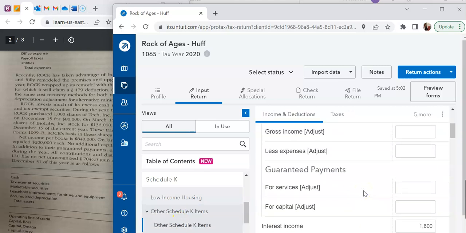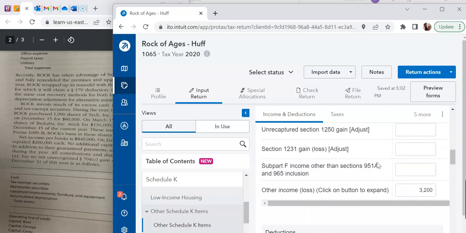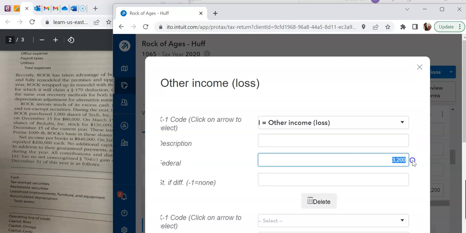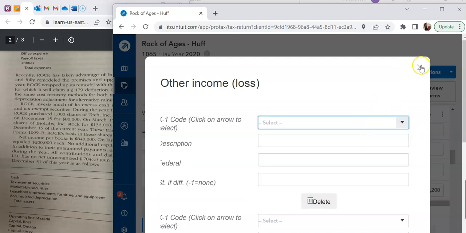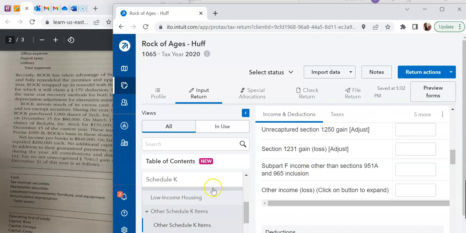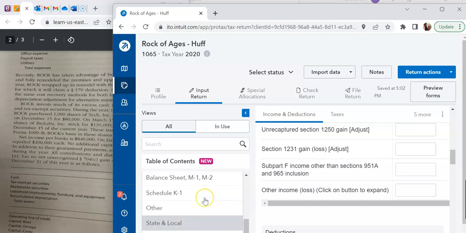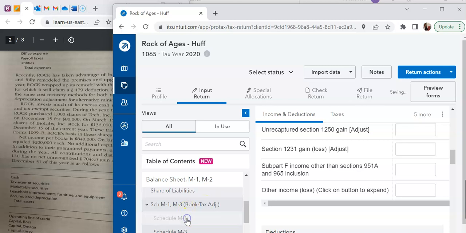All right, and I'm going to take out this interest that I put in other, because I knew that's not where it goes. And I'm going to go down here to the M1. Schedule M1.